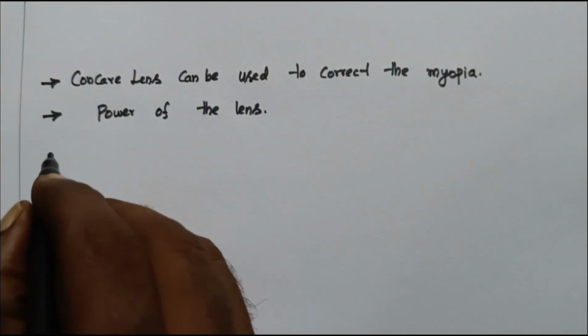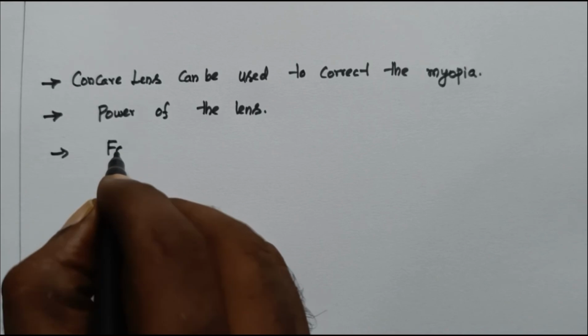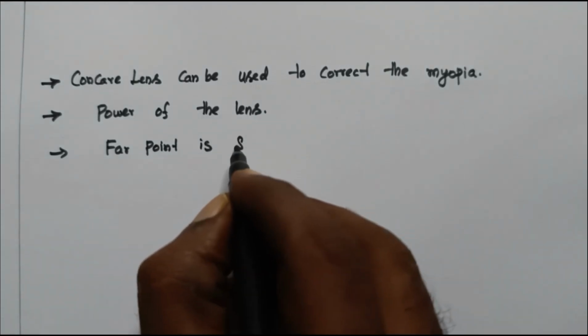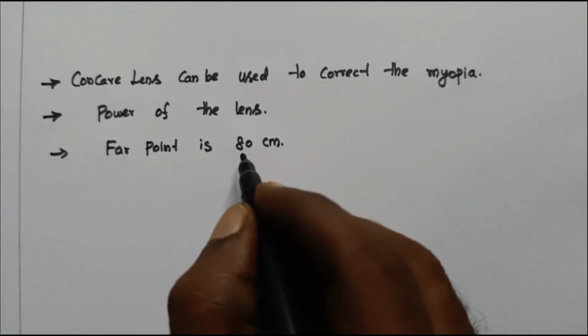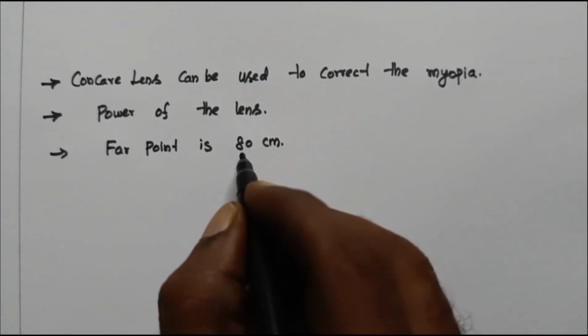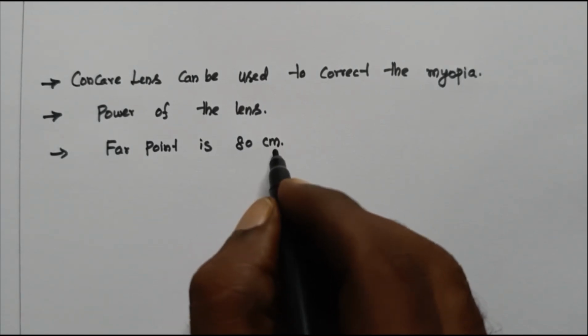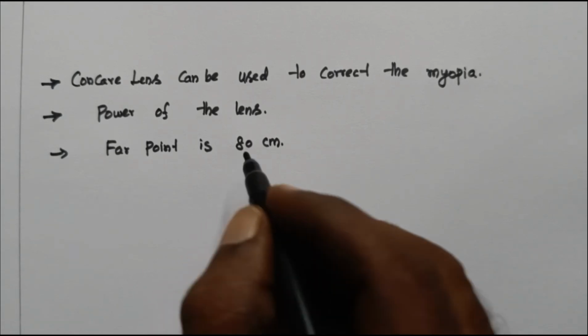In this problem, it is given that far point is 80 cm. That is, if the object is at infinity, image has to be formed at 80 cm by the concave lens.